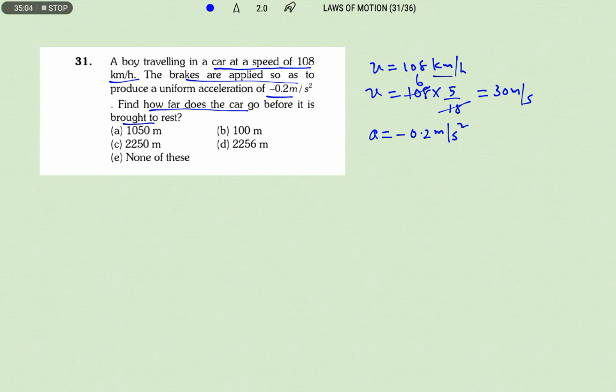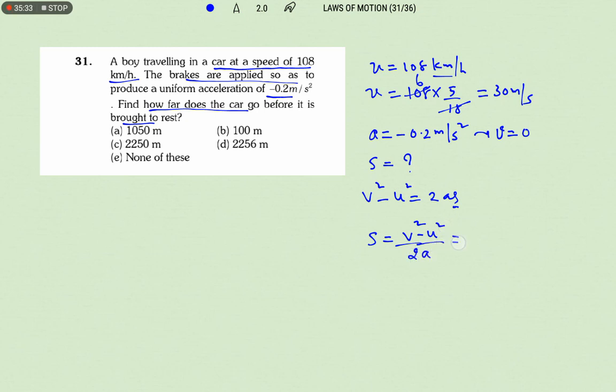Right, so acceleration is given. So we know which expression can be useful. They are asking what is the distance travelled. Let us use the third equation, v square minus u square is equals to 2as, because it is going to stop. Final velocity will be 0. They are asking distance travelled, so s is equals to v square minus u square by 2a.